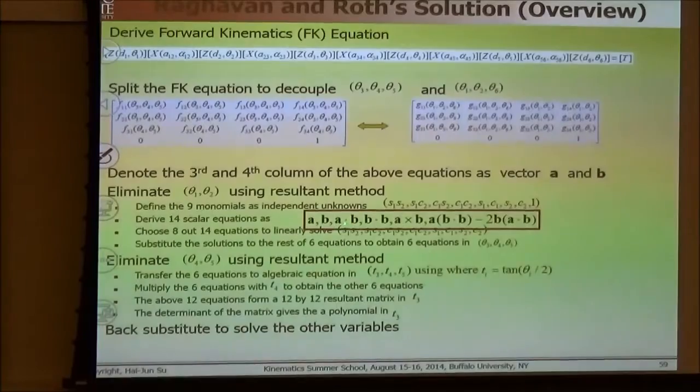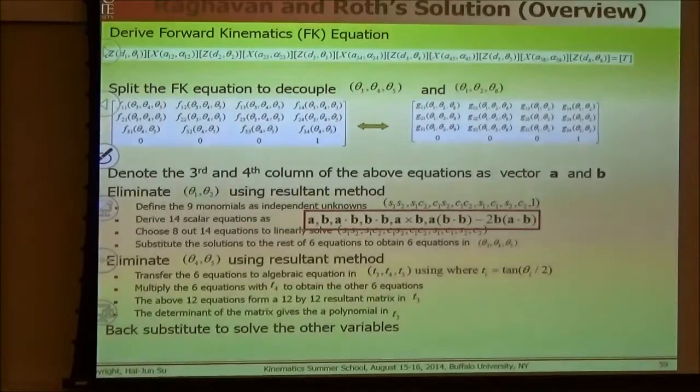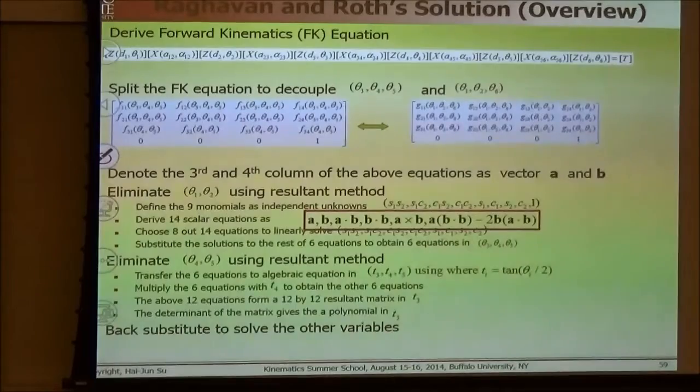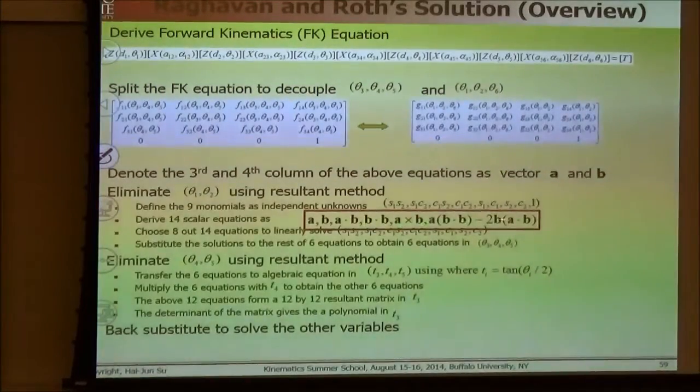It's called A dot B, B dot B, A cross B. But how did they find this out? It's sort of kind of magic, but it's a lot of trial and error. It's called a heuristic method to construct polynomial equations. But there is some geometrical meaning for these equations.